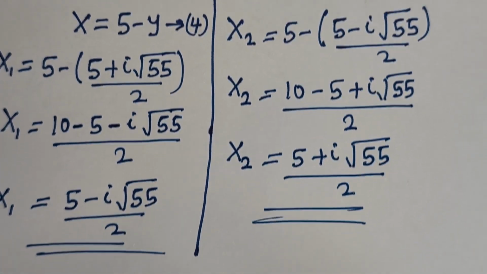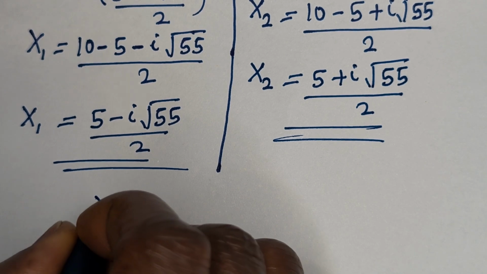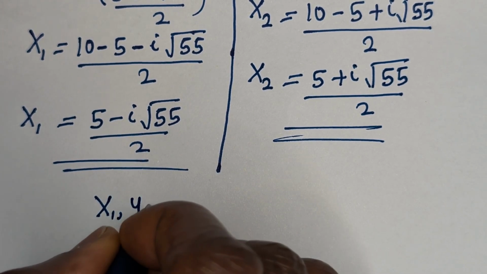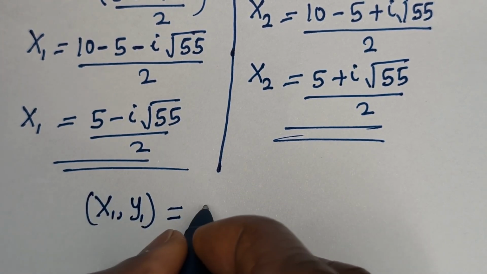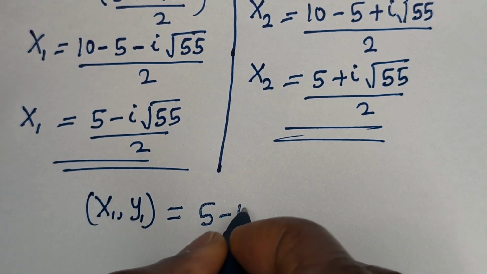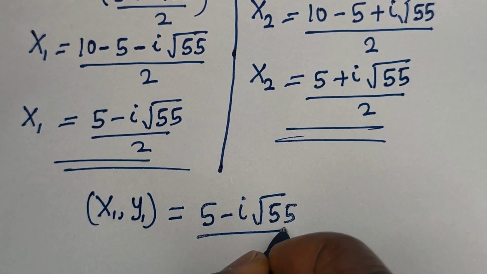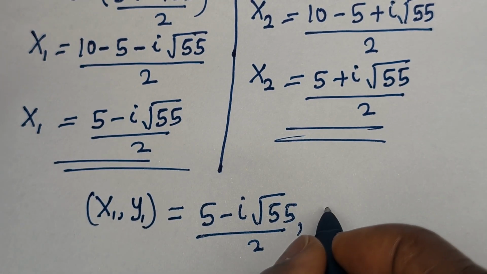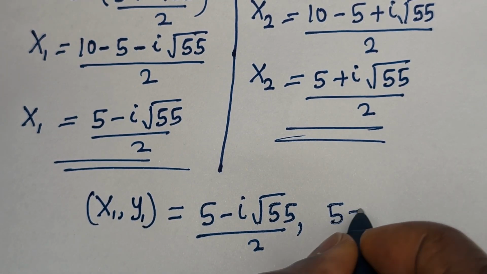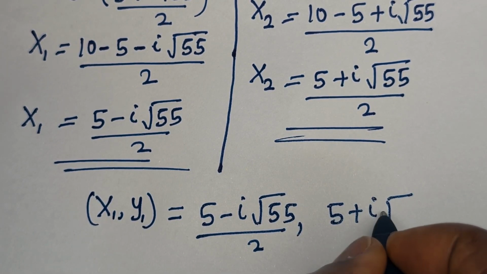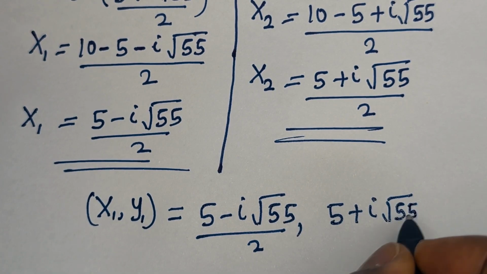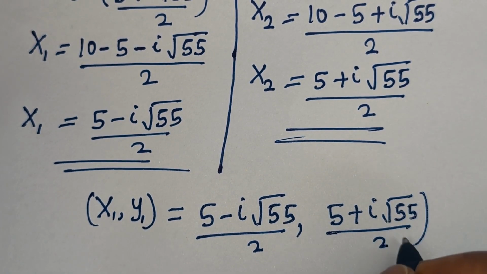Therefore, our final answers are x1, y1 is equal to 5 minus i root 55 over 2, 5 plus i root 55 over 2.